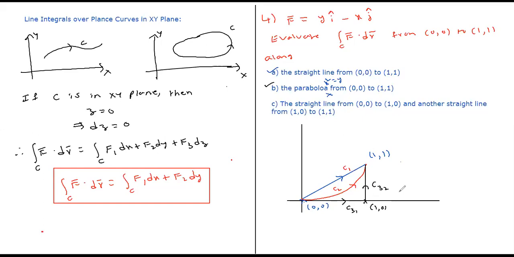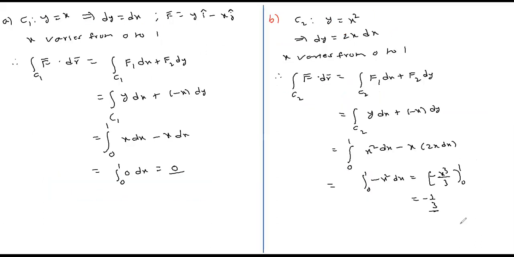So what is your C3? C3 is a union of C31 and C32. Now if I want to do the integration, what will the integration be now?